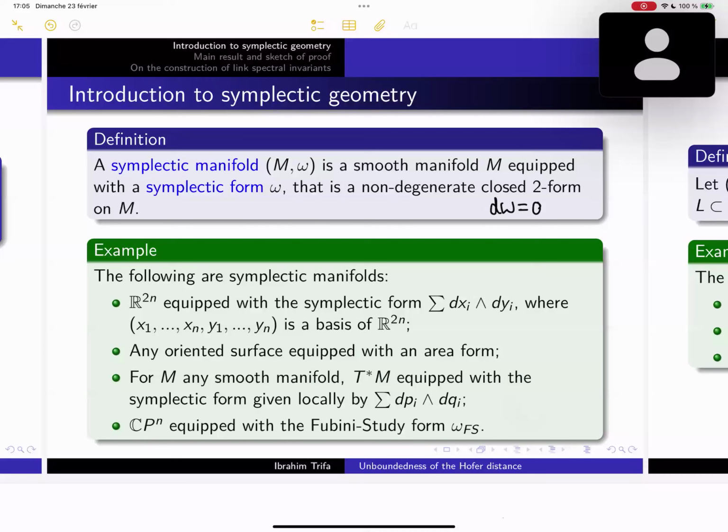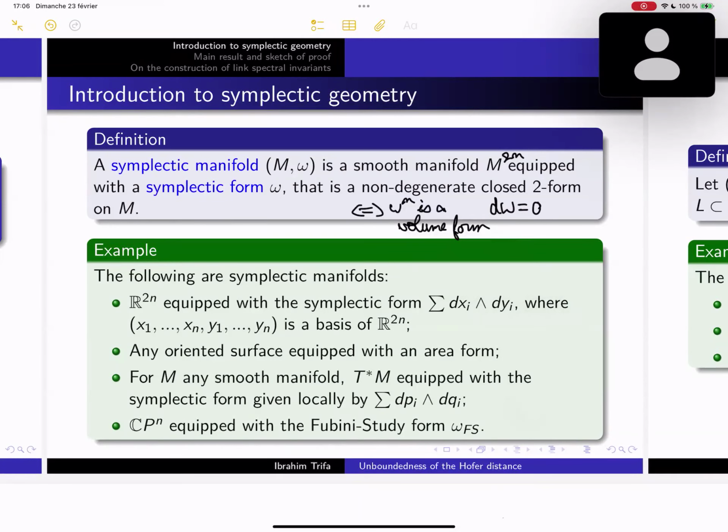You can check that a symplectic manifold is always of even dimension 2n. And the non-degenerate condition is equivalent to saying that omega to the power n is a volume form.